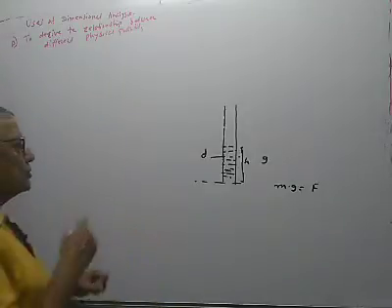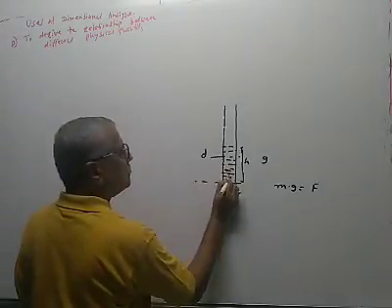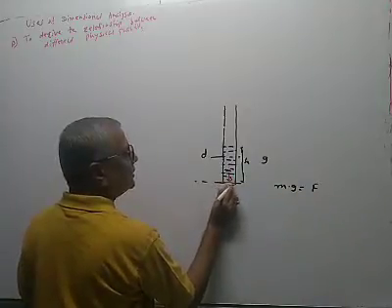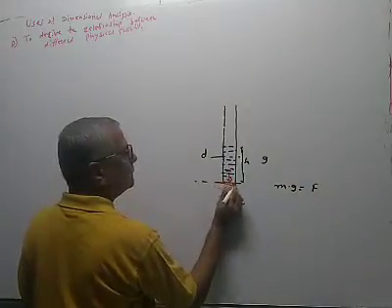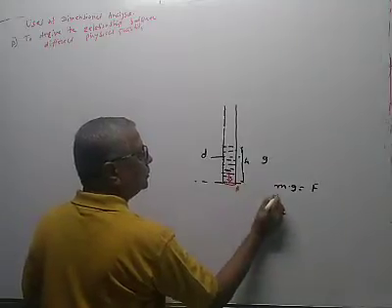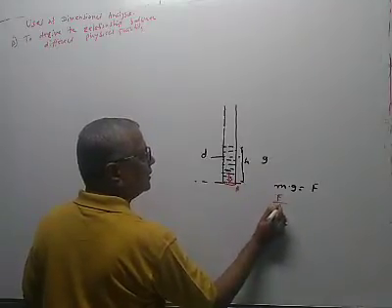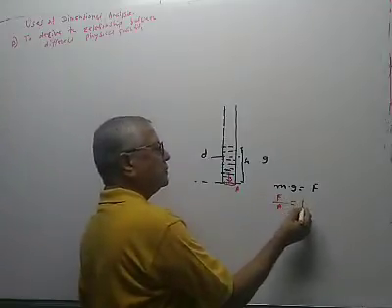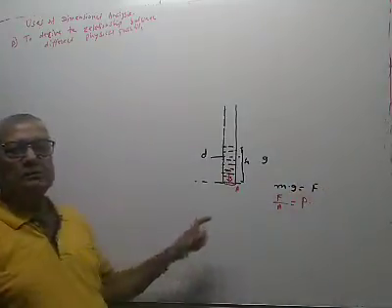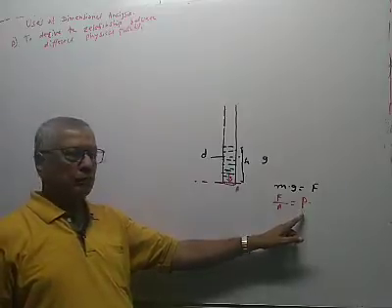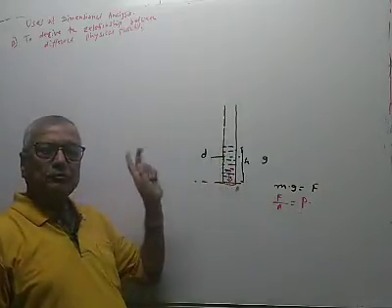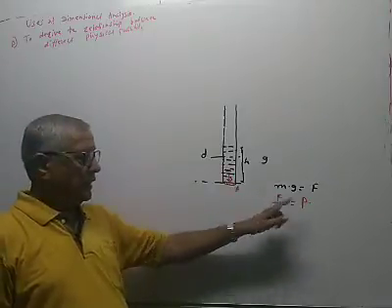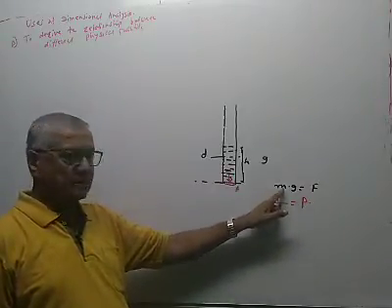And this force I will show here. This force is acting on this much area A. So yesterday we have seen that this force acting per unit area is called the pressure. So this liquid column has certain pressure, and that pressure depends upon mass.